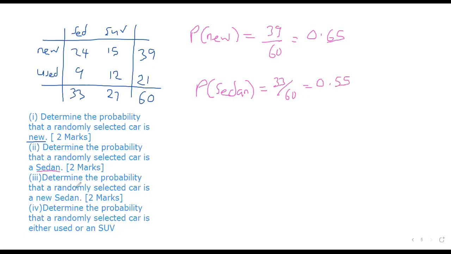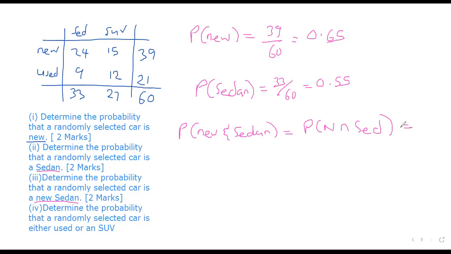Next, the car that was selected is a new sedan. It should be new and sedan. So it is simply the probability of new intersection sedan.